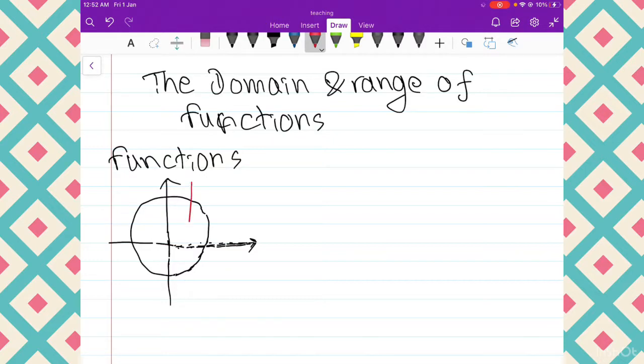If you draw a vertical line through it, and if it intersects at 2 points, this one is point number 1 and this one is point number 2, therefore this is not a function.